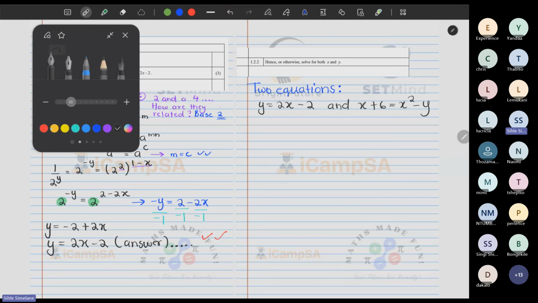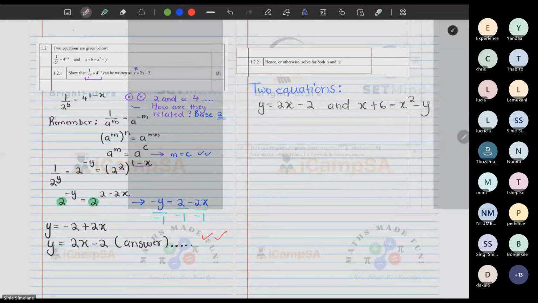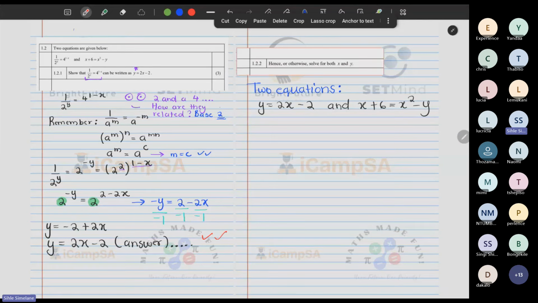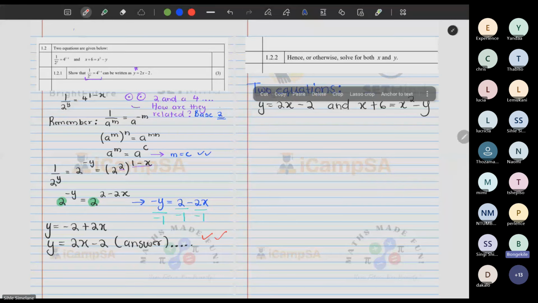What we have here, guys, there's a fancy term for calling it. Because we're solving for x and y, we have 2 equations. What do they call them? Simultaneous equations. Yep, fancy word.